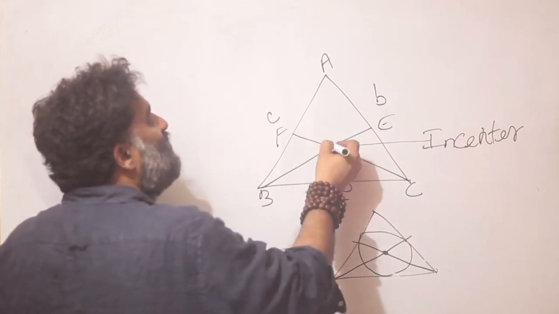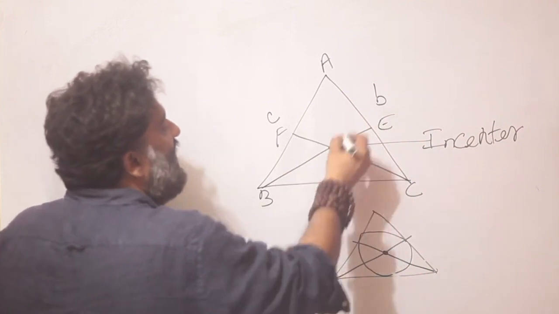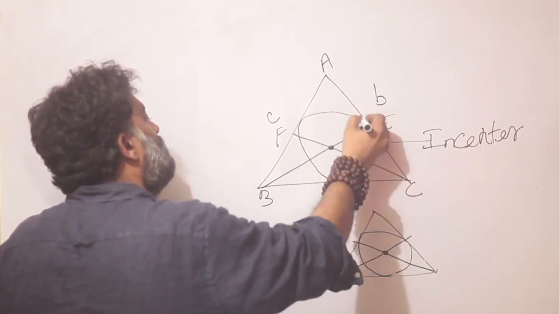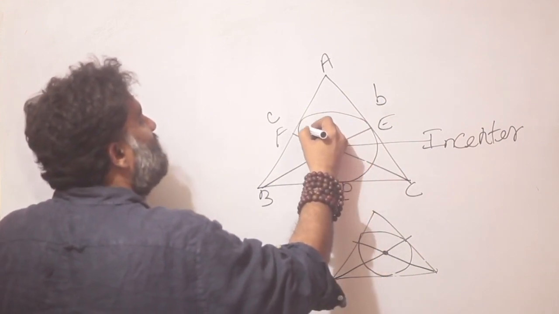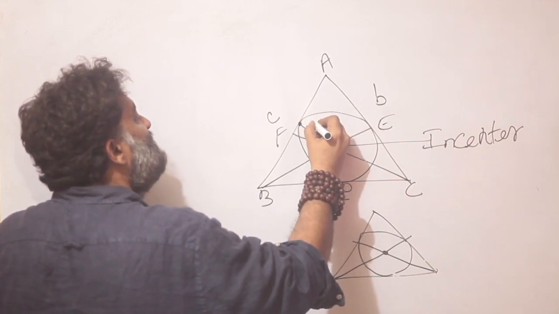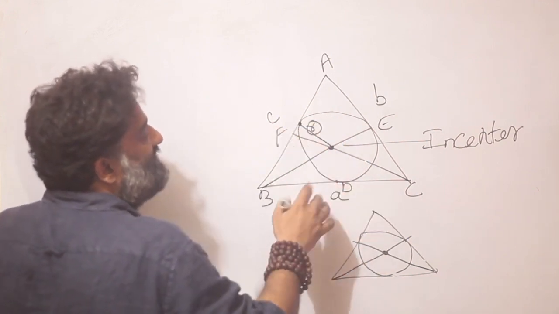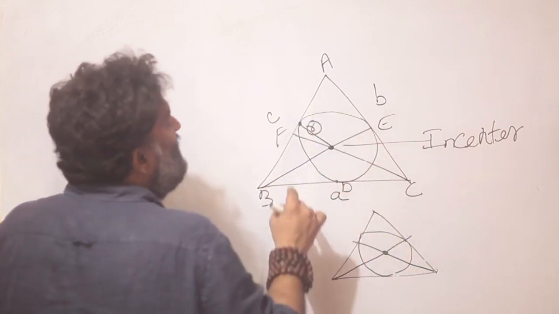That means from this point I can draw a circle which will touch all 3 sides. And let's try that. And the distance of this point from the side is going to be the inradius of the circle, because this is an incircle made inside a triangle.